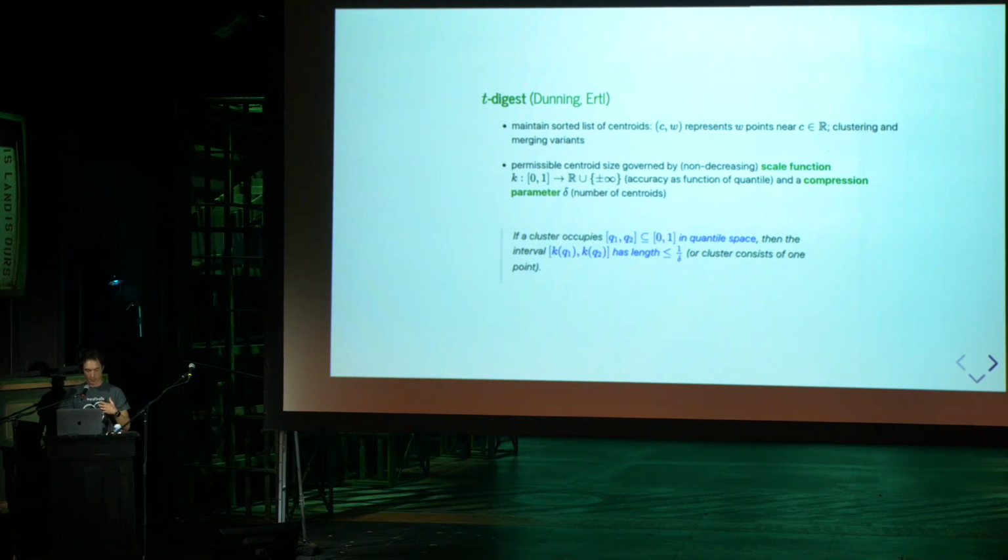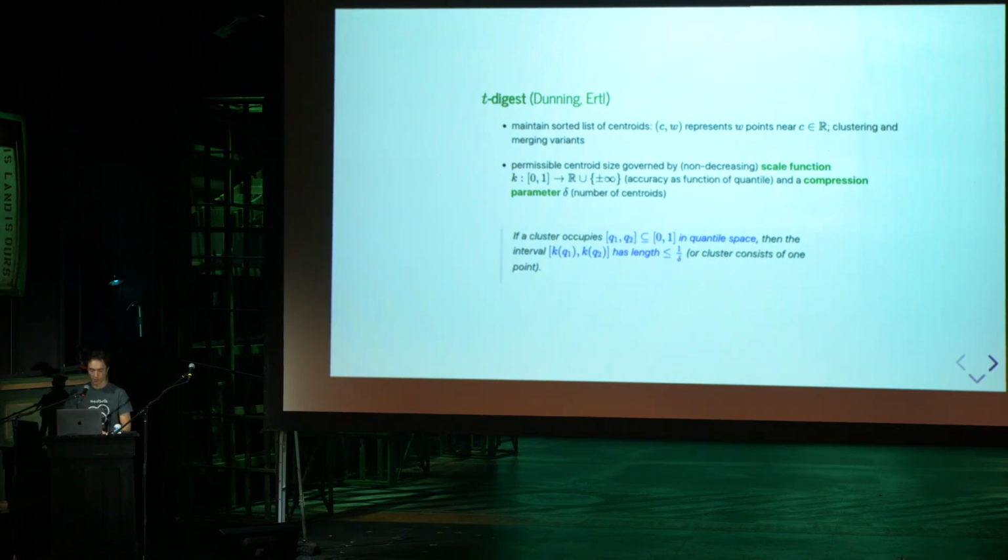And the thing that makes this go is the concept of a scale function. This is basically a function from quantile space to the extended real line, which says how accurate I have to be as a function of where I am in quantile space. Okay? And there's also a compression parameter called delta, which controls the number of centroids that this data structure will have.